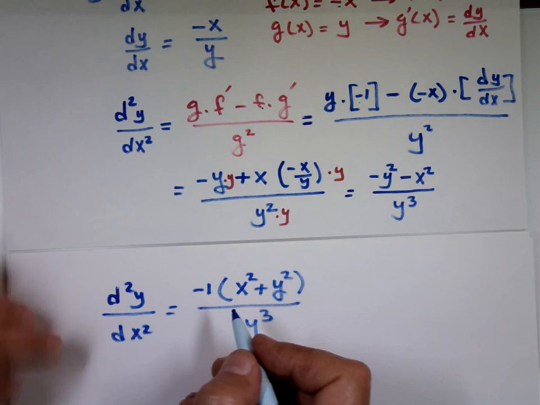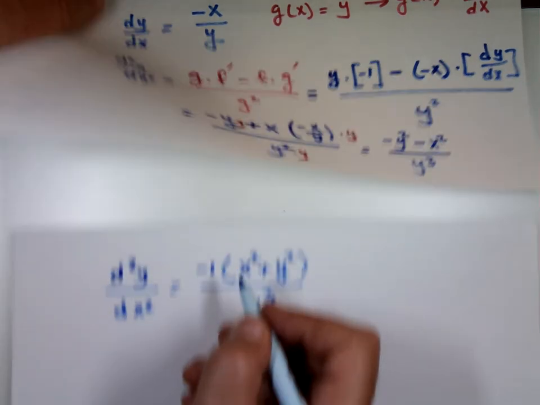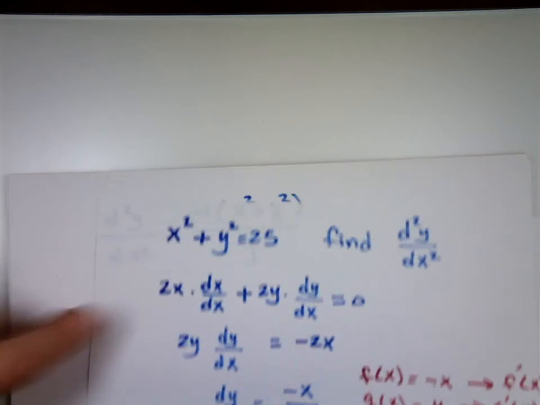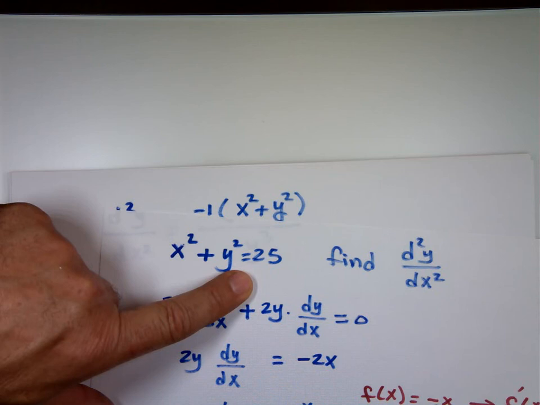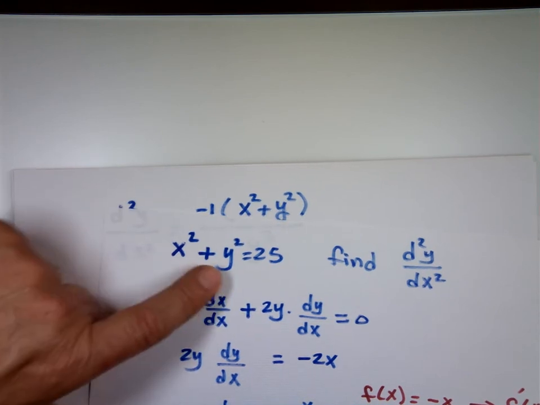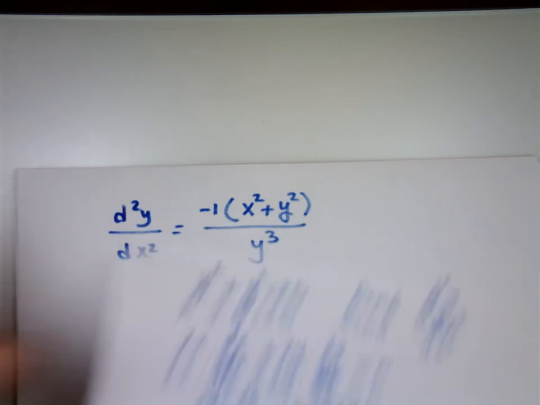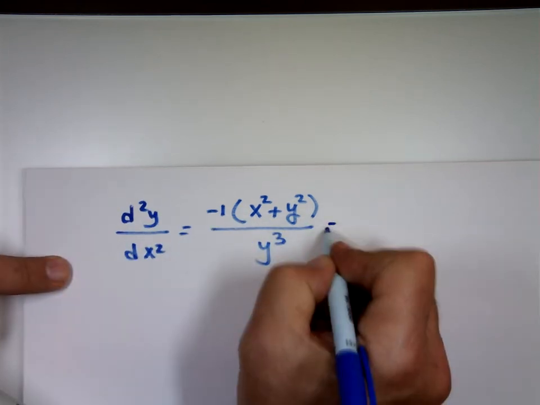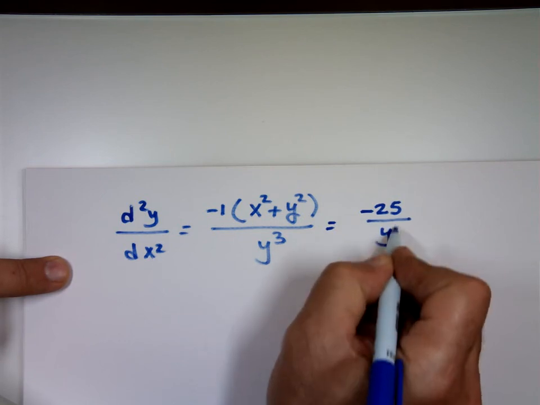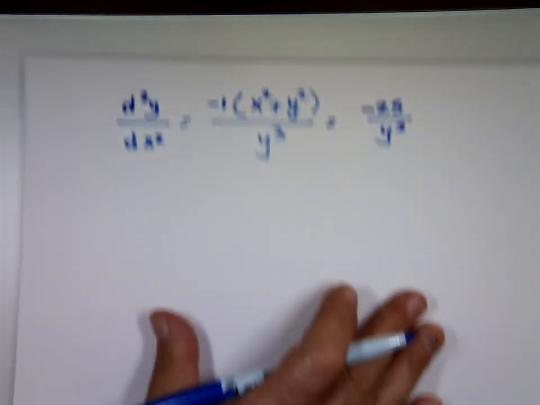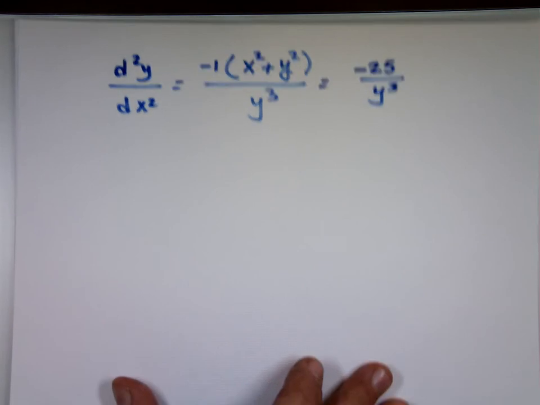In case you forgot, let's look at the problem. What is x squared plus y squared equal to in the problem? 25. So replace that with 25 now. It says in the problem, x squared plus y squared equals 25. So now, that'll be what? Negative 25 over y to the third. This is the fun part.